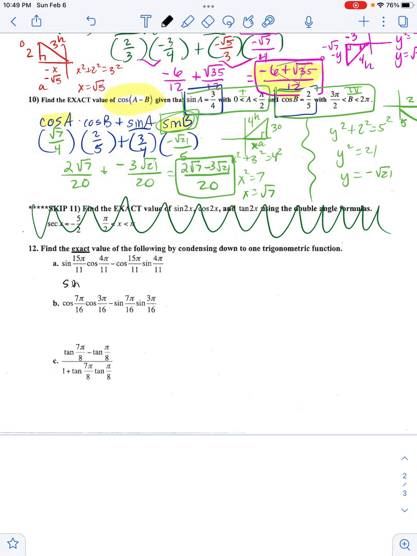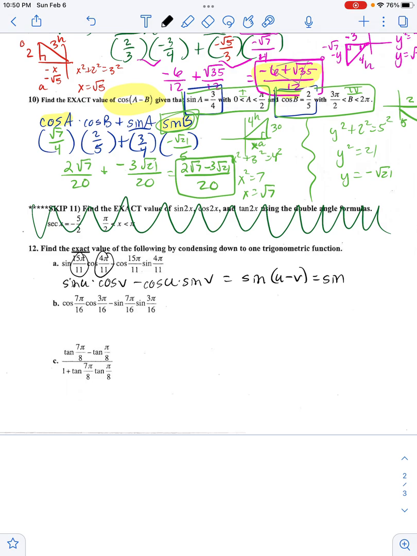So, I have the sine of u, let's say, which is going to be my 15 pi over 11, times cosine v, which is my other 4 pi over 11, minus the cosine of u times the sine of v. So I go to my yellow card and I find that that is the pattern that matches the formula for sine of u minus v.